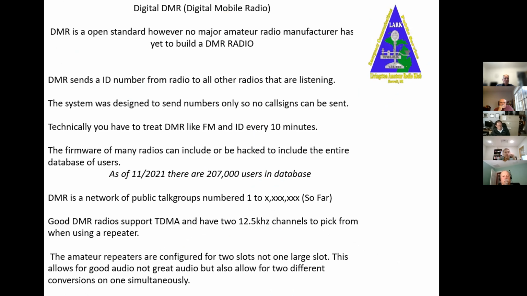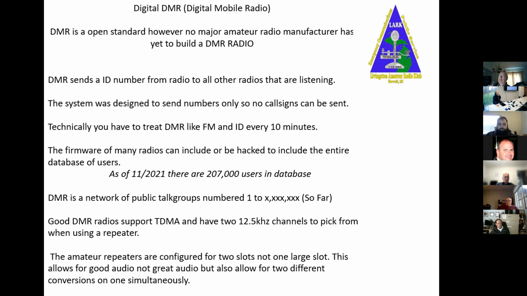DMR itself, because that's what you guys asked me to come here and talk about. It's an open standard. However, as of now, I don't know of any amateur radio company that actually makes DMR radios for amateur radio, right? There are always commercial radios that people are using for amateur radio.